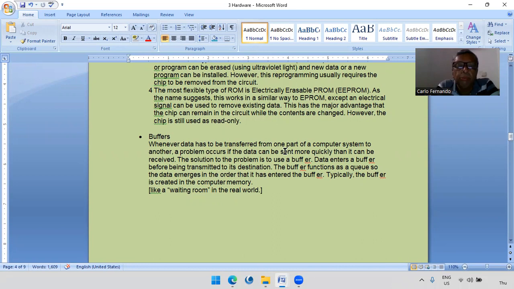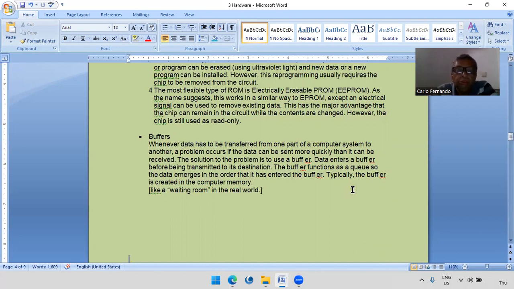A problem occurs if the data can be sent more quickly than it can be received. So you are sending at a speed of X, and the receiving speed is Y. Y is slower than X, then what happens? You are forcing data which cannot be received by the other part. Then that is a problem.